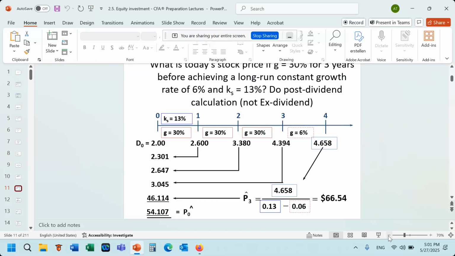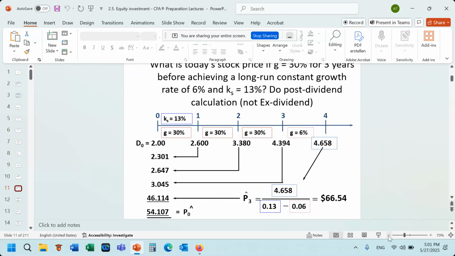Gordon's formula has calculated the value of a stock at time 3, but at time 3 we have a cash flow, a dividend of $4.39 that the previous owner of the stock receives, and we bring that back 3 years too, and that is worth 4.39 divided by 1.13 raised to power 3, and that would be $3.045.